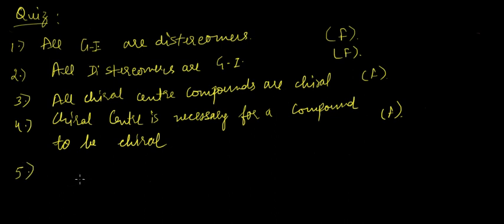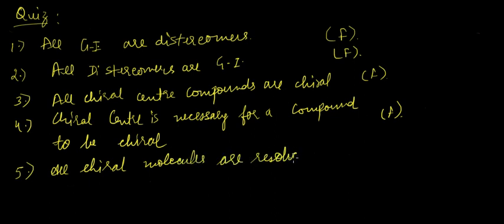Okay, so all chiral molecules are resolvable. I hope you understand and remember resolvability, that we can actually resolve enantiomers by adding a purely optically active compound to the mixture, and then the diastereomers formed will actually separate the enantiomers.